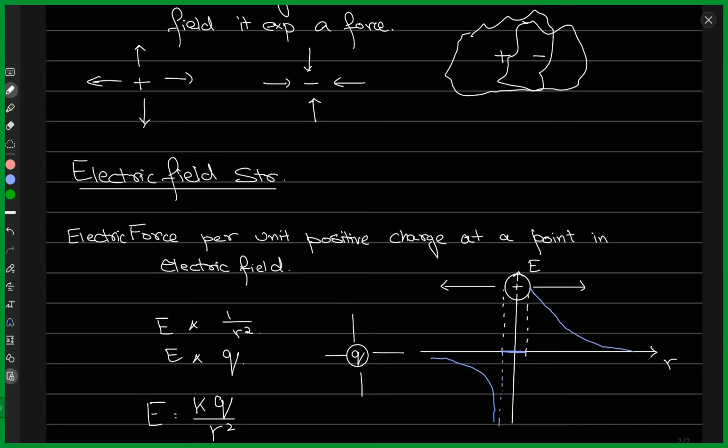Now I'm going to compare this equation with the equation of gravity, right? We know in gravity, the gravitational field was represented by G, and it was given as capital G times the mass causing this gravity divided by r squared.